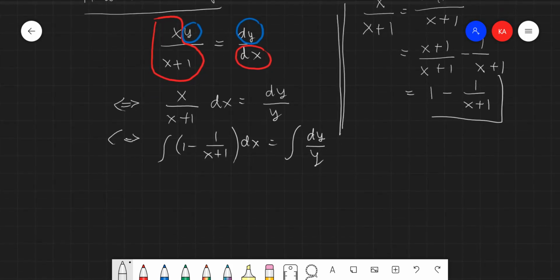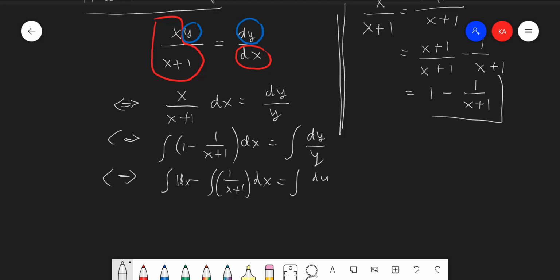So we make the integration like this: integral of 1 dx minus integral of 1 per x plus 1 dx is equal to integral of dy per y.